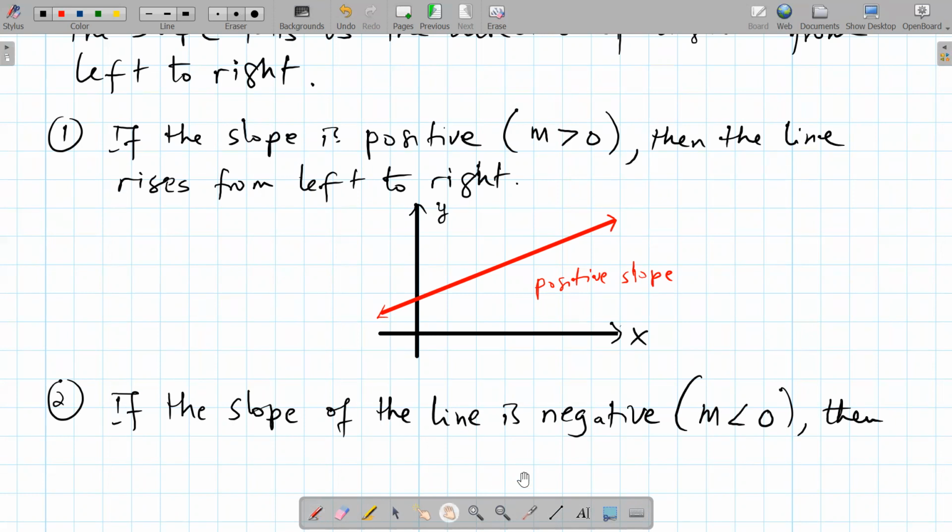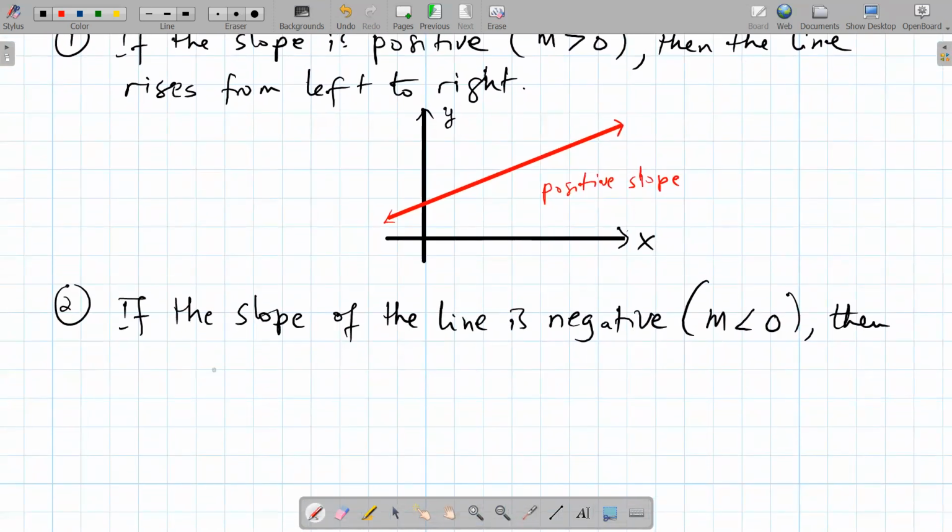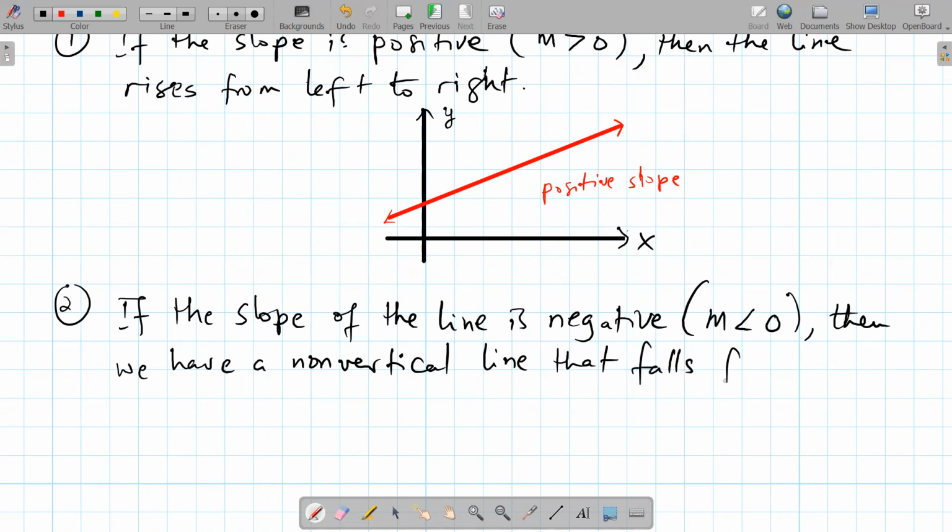Then we have a non-vertical line that falls from left to right. In other words, there's a decrease from left to right.